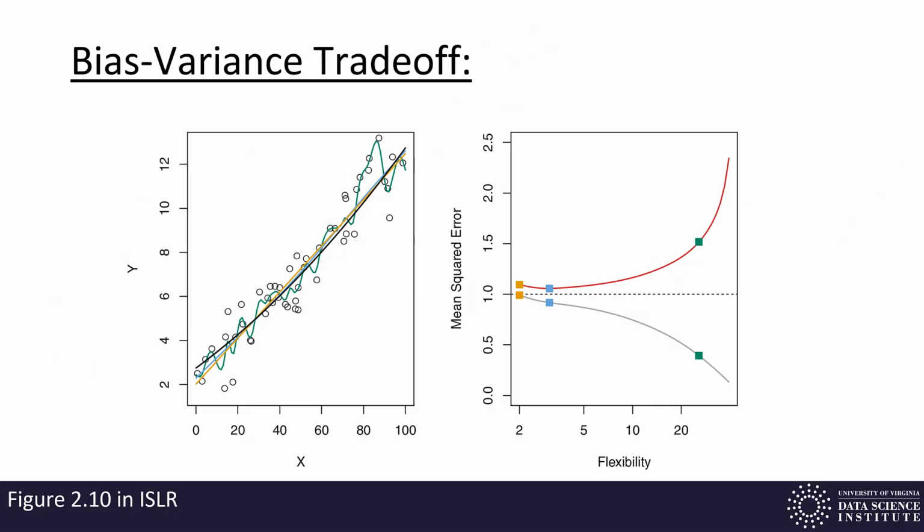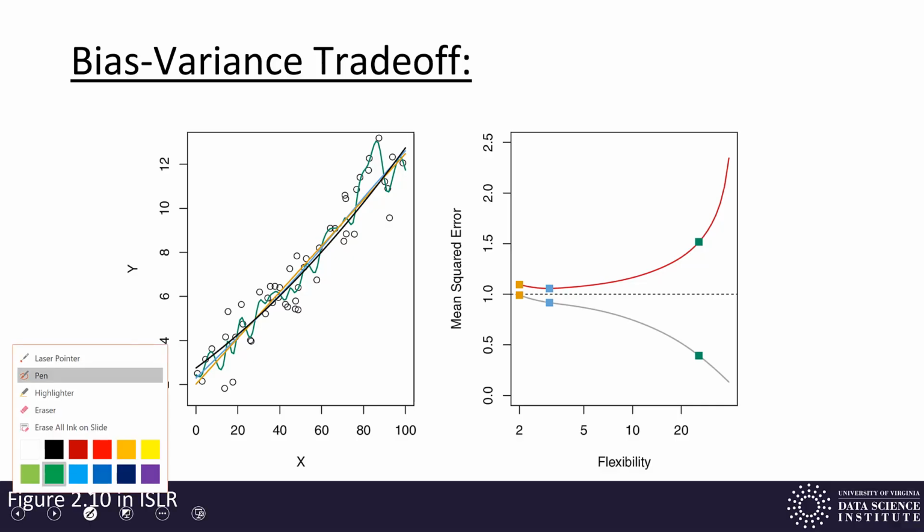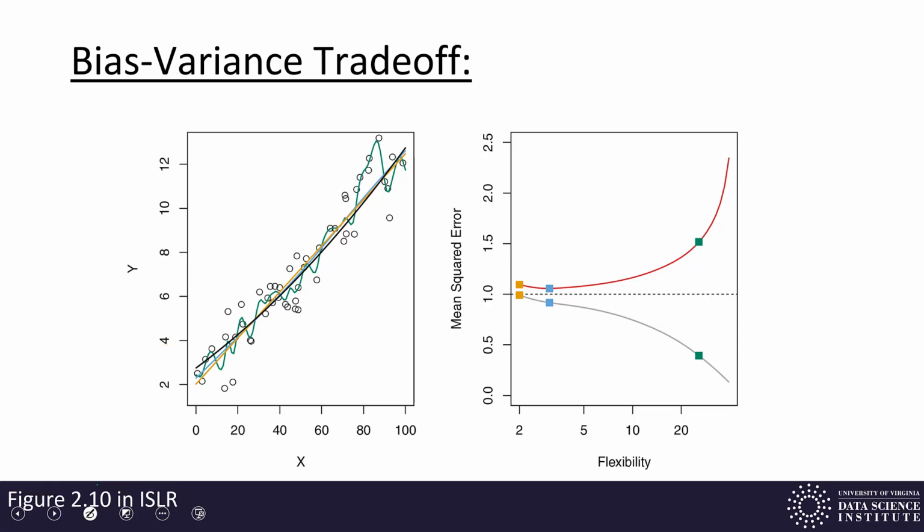So we have a similar set of plots here, and I'm just going to walk through these very quickly. These are similar plots. The only difference here is a different data set. Now our linear model shown in gold has a very small separation between the training error and the test error.